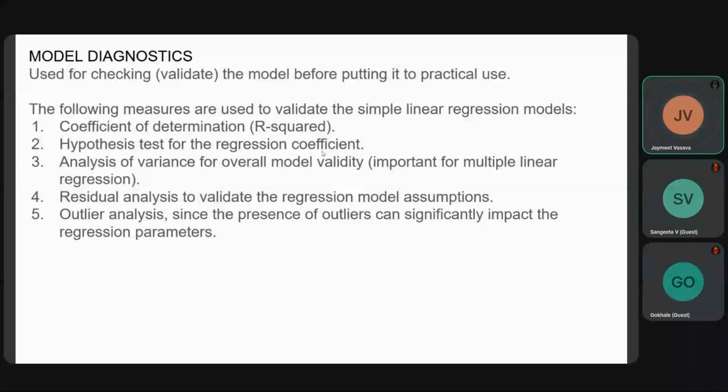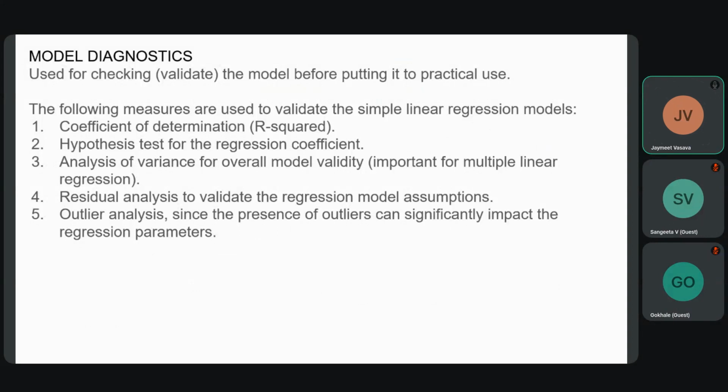Now model diagnostics, which is used for checking or validating the model before putting it into practical use. The following measures are used to validate the simple linear regression models: coefficient of determination, R squared, and hypothesis test for the regression coefficient, analysis of variance for overall model validity, important for the multiple linear regression models.